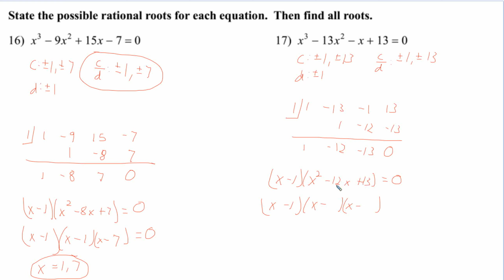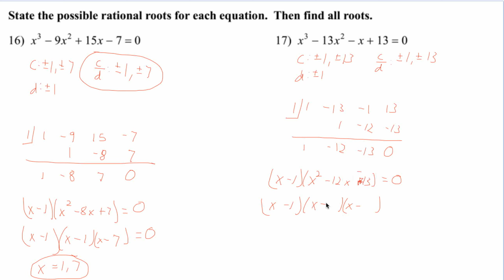Uh-oh, it doesn't look like it's factoring correctly. So it looks like I wrote this incorrectly. This is a -13, so this should be -13. And now it should factor correctly.